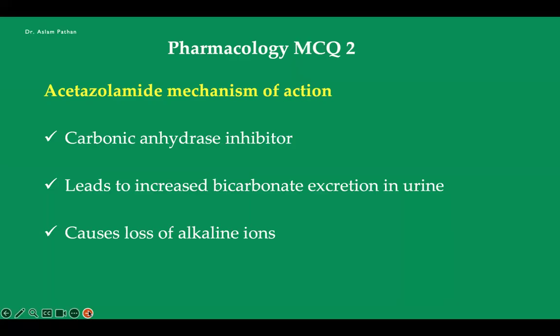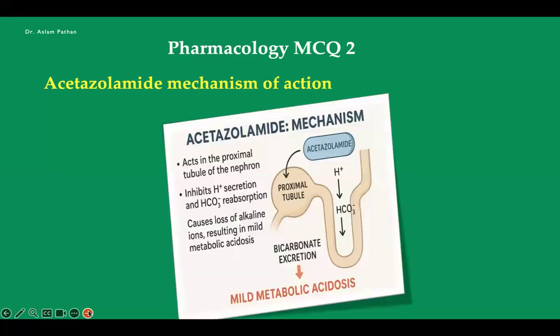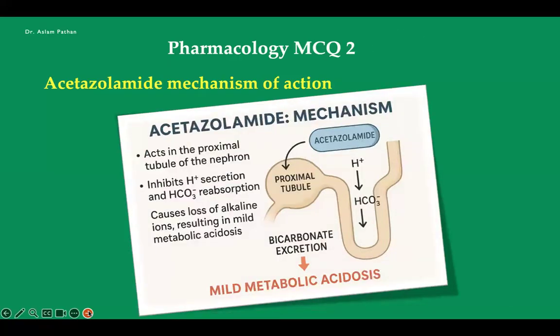If bicarbonate is excreted in the urine, it causes loss of alkaline ions, resulting in mild metabolic acidosis. So here we are neutralizing alkalosis by giving a mild acidosis-causing drug. This is the mechanism of action.